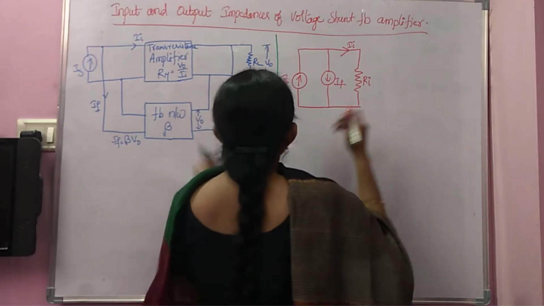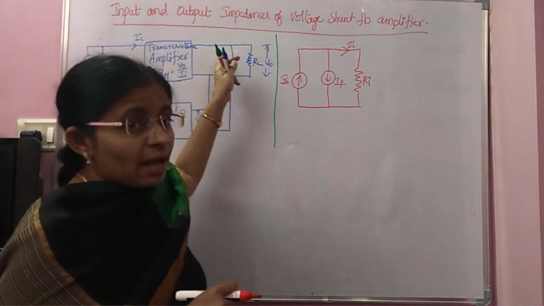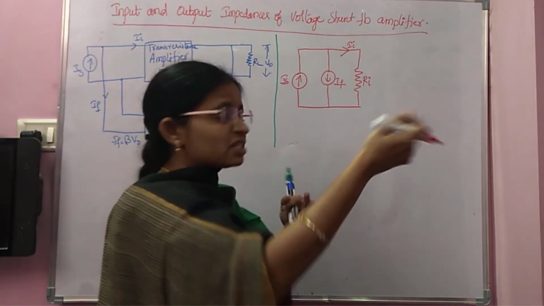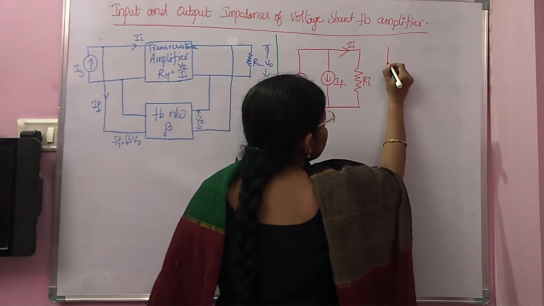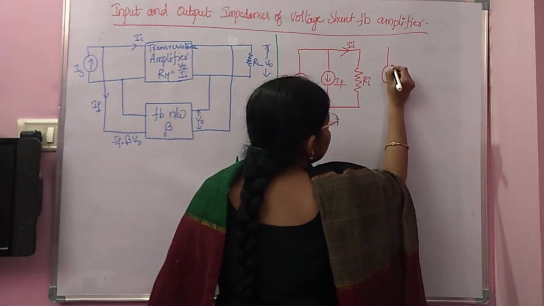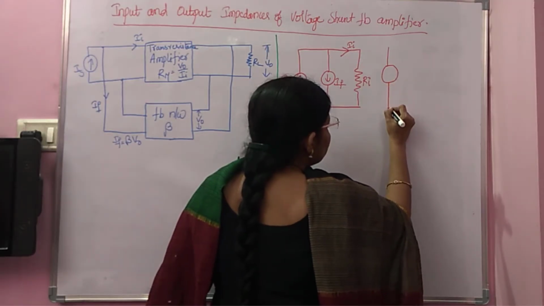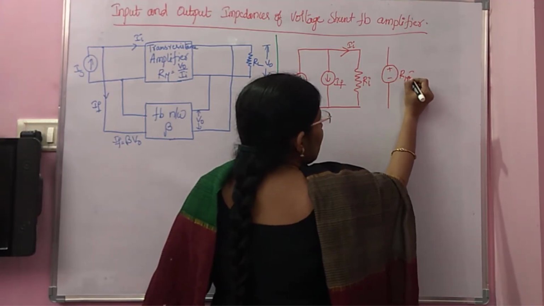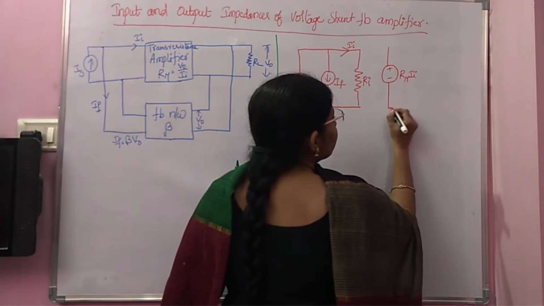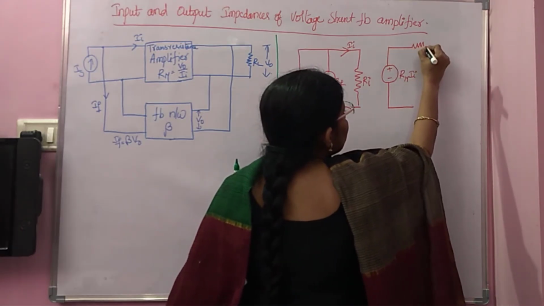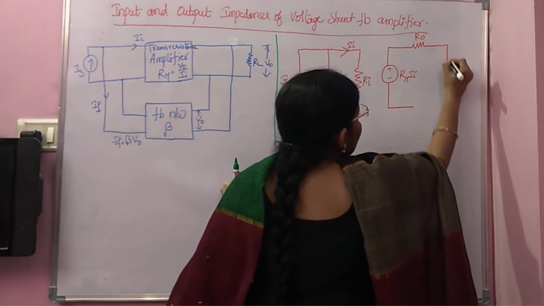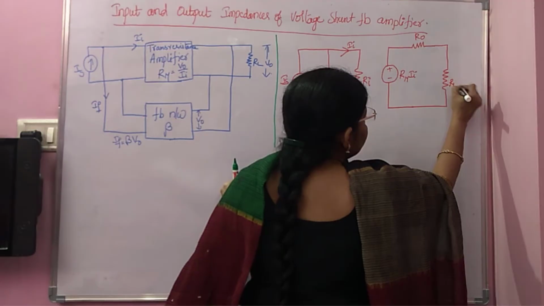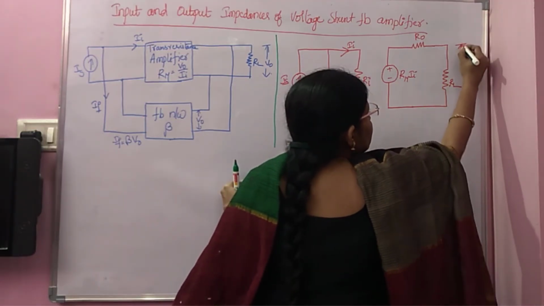Coming to the output circuit, it is voltage sampling, so you can use the voltage series feedback output circuit. This must be a voltage source, RM II, and then you have the resistor R0, and here is your resistor RL, and the voltage is V0.